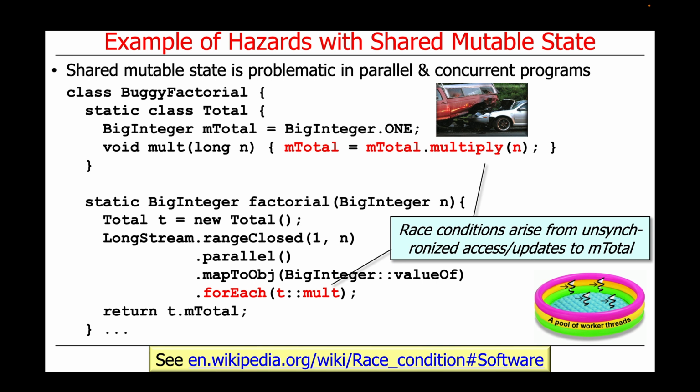The problem here is that there's one instance of t that's shared within all the threads in the common fork-join pool. So those different threads will be calling mult at the same time, which will be accessing and updating mTotal in an unsynchronized way, which of course will cause what are known as race conditions, which are hazards in concurrent programs and parallel programs where the program will behave incorrectly depending on the scheduling order or the timing of the threads.